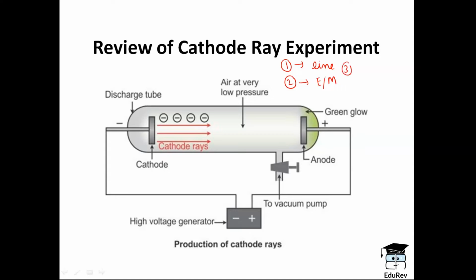And the most important characteristic was that cathode rays carry negatively charged particles, which were later called electrons by J.J. Thomson.